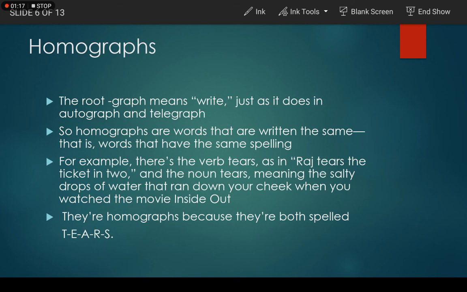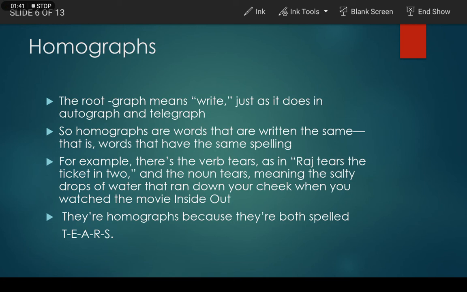Next, we will try to understand what homographs are. Graph means write, just as it does in autograph and telegraph. So homographs are words that are written the same, that is, words that have the same spelling.